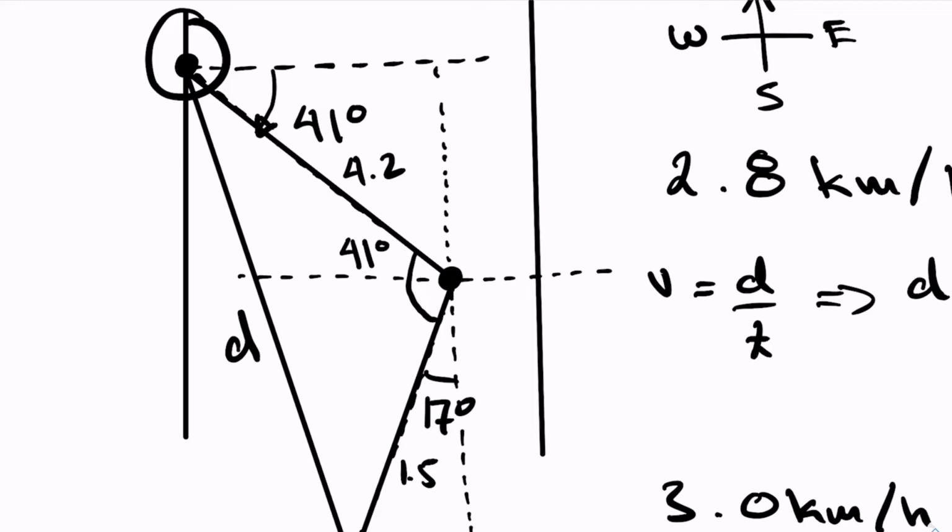Well, if I figure this out, then I just add them together and I get my full angle. A good thing is that I know that this is 17 over here. This is 90, so 90 minus 17 gives me 73 degrees, which means the whole thing is going to be 41 plus 73, which gives me 114 degrees.